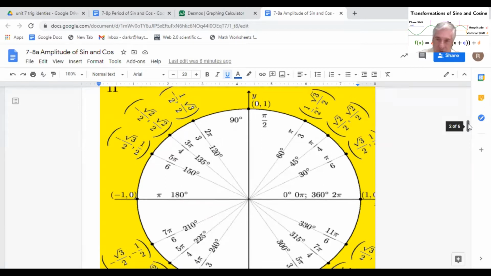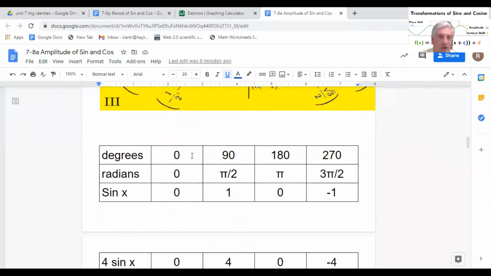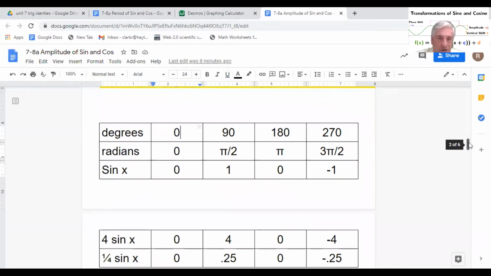And the graph looks something like this. I've done it now with just, hey, what happens at 0, 90, 180, 270? There's 4 of them. The real graph I had in high school would add all 12 of these. Then we would plot the points on graph paper and draw our graphs.